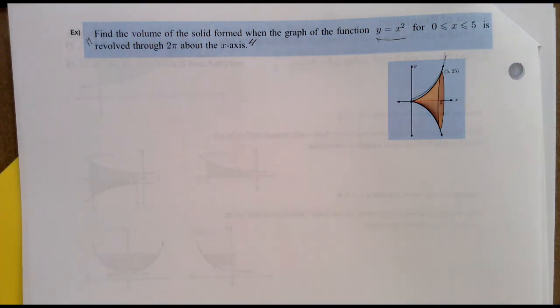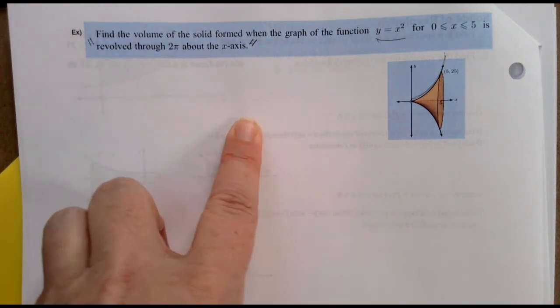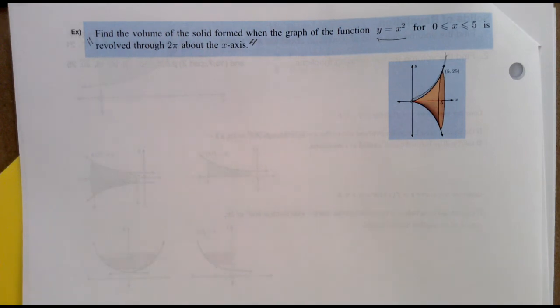I hate to be picking on you, but you're the very person who would do this, thinking it says 2 pi, so I must need to put 2 pi in front of it. No, it just means a full rotation around the x-axis. The area of that disk is still just pi r squared, because it's a full circle.